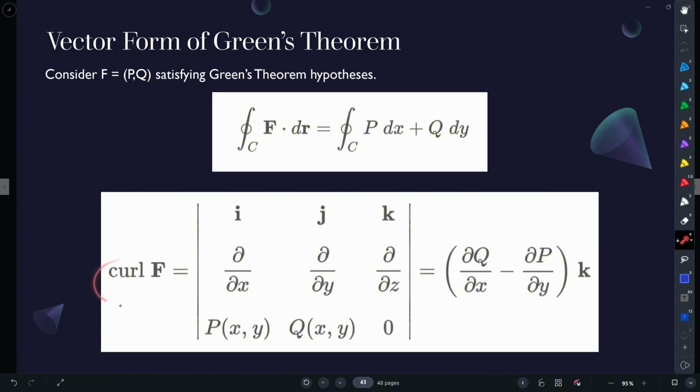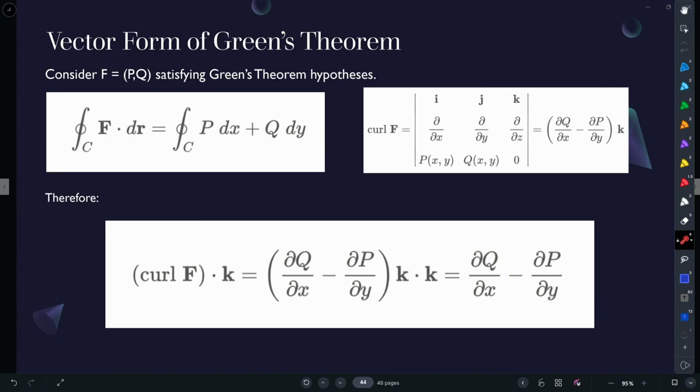So the curl of f, thought of as a 3-dimensional vector field, gives you this quantity times k. The curl is pointing up or down, and its magnitude is exactly the quantity that appears in Green's theorem. So if I take the curl of f dot k, I get that quantity on the nose.